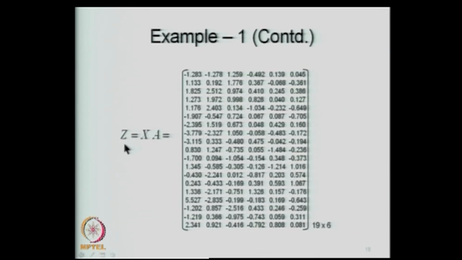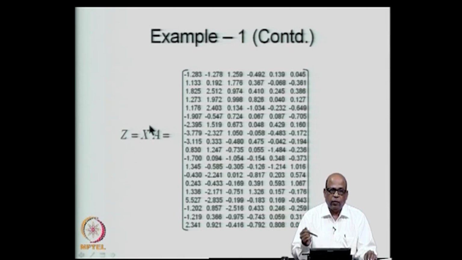So, this is the matrix Z we get, the transformed data, after I do the multiplication X by A. When I do this I get the matrix Z as 19 by 6. Now, this one has to be regressed on the dependent variable y.